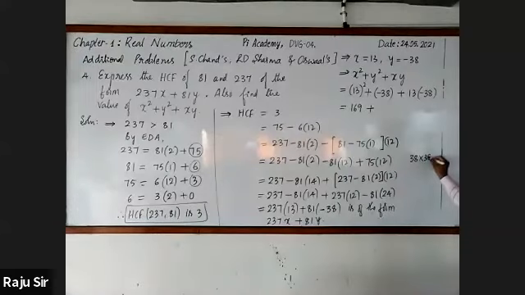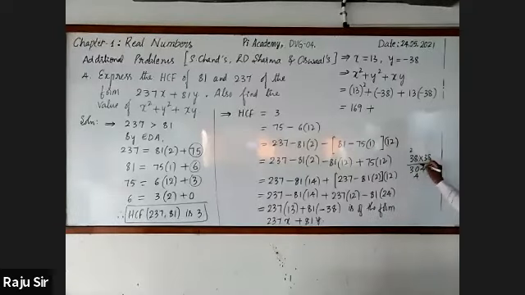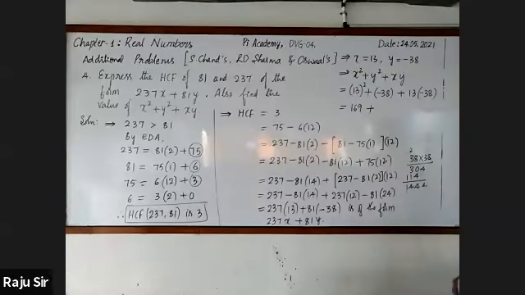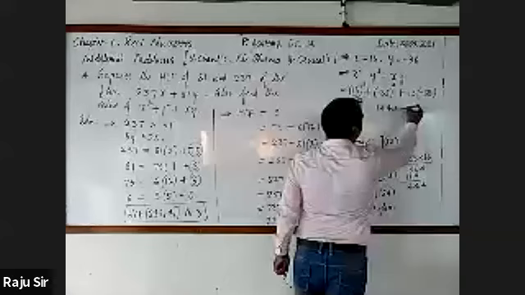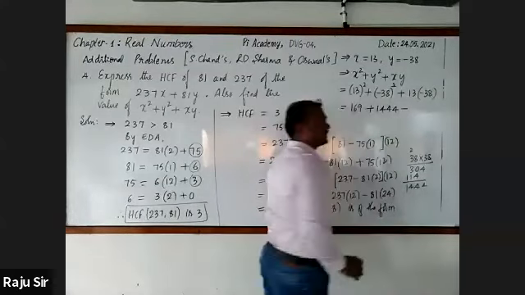Let us multiply 38 into 38. 8 8s are 64, 6 is a carry, 8 3s are 24, it is 30. 1444. Plus, and then plus into minus is minus.